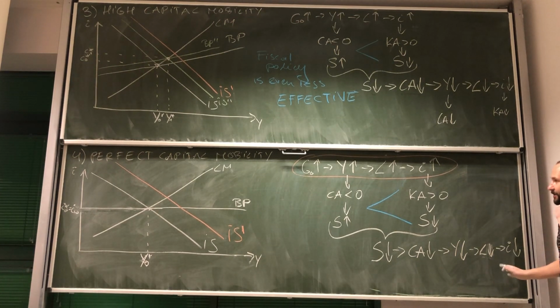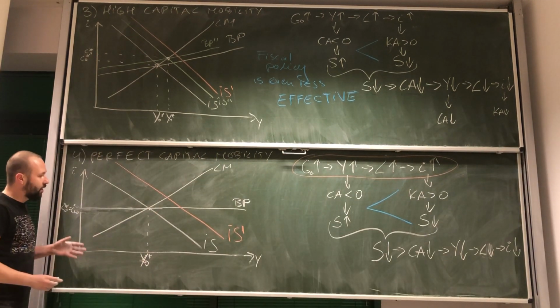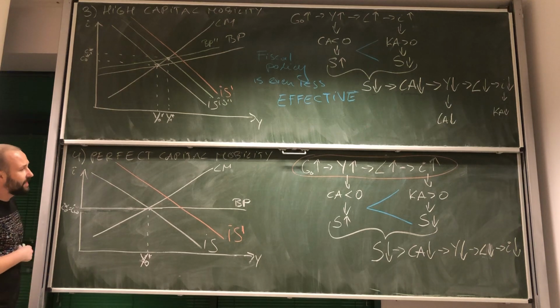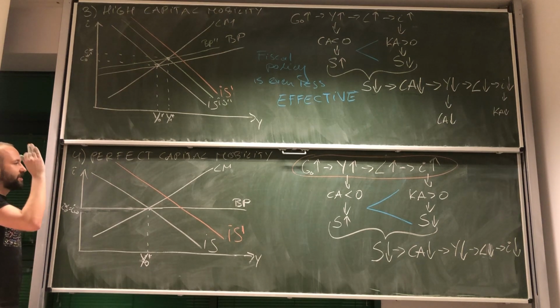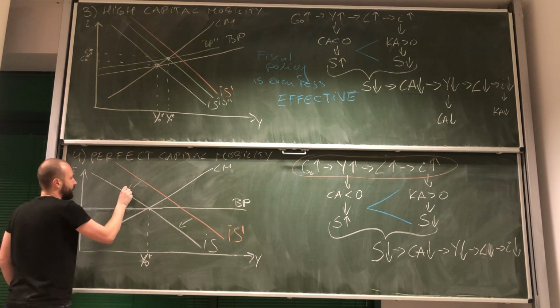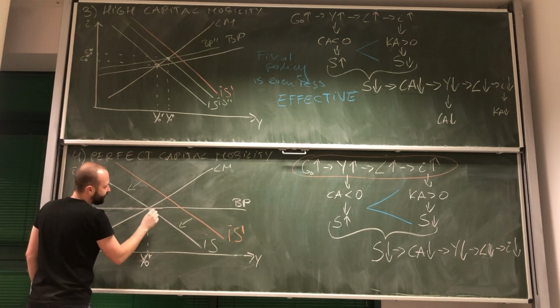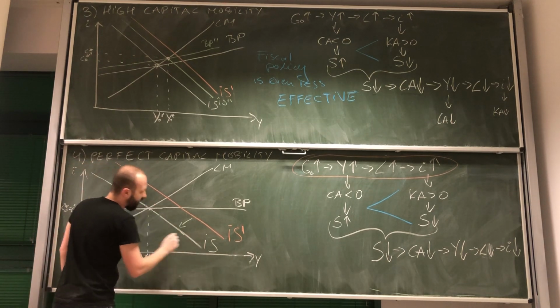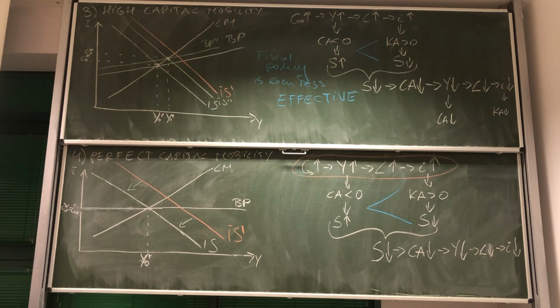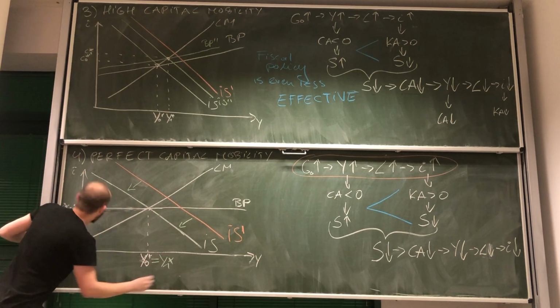So we will see here that we need to have level of appreciation that will move current account so far that it will completely eliminate initial impact of increased government spending, and we go back to the same equilibrium as we started from.